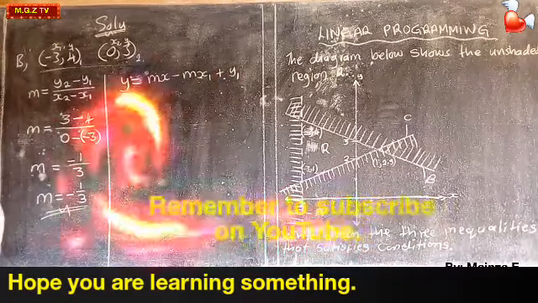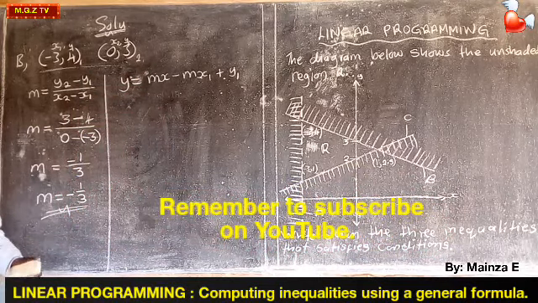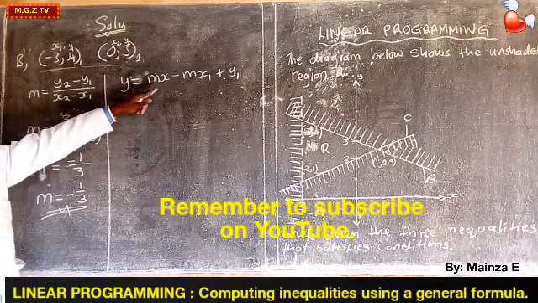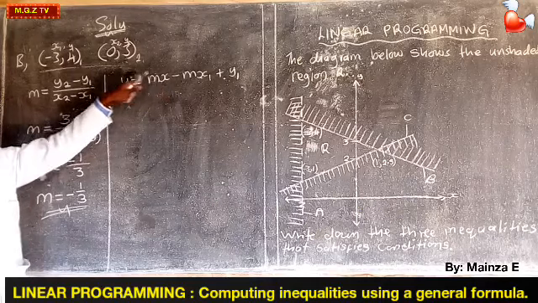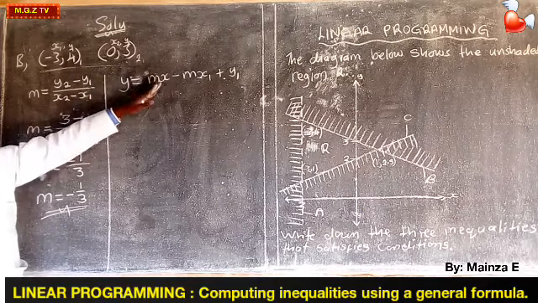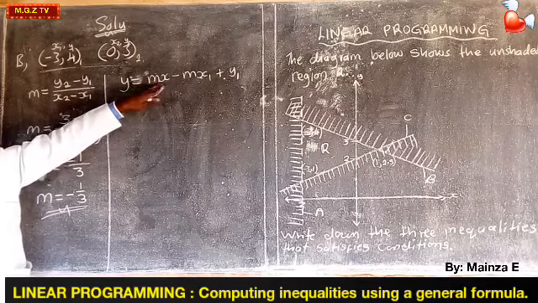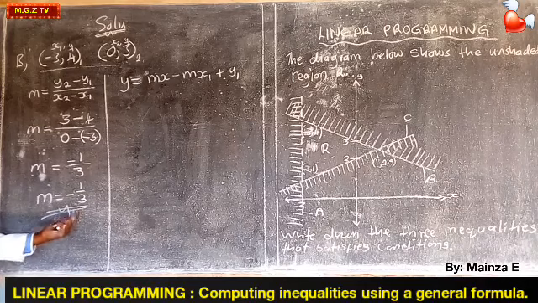Simplify the formula. The formula is simplified. Now from this formula, we have this y and this x. These two letters have no numbers. So in the equation, they have to be there. For m, we substitute with our answer there.